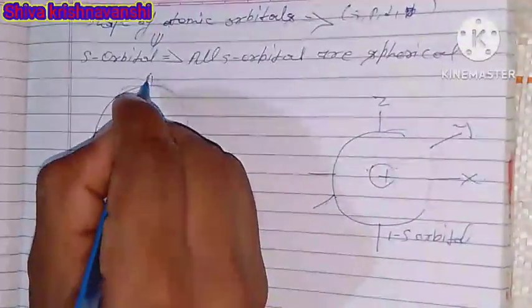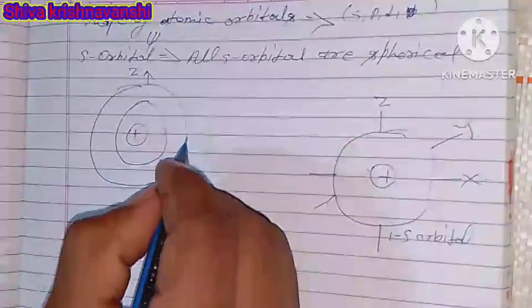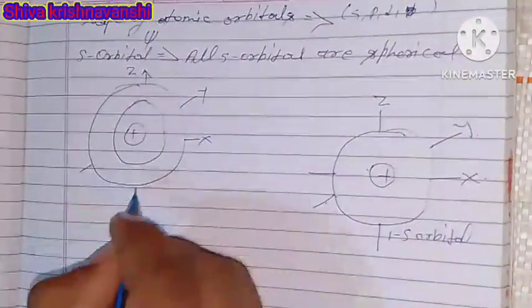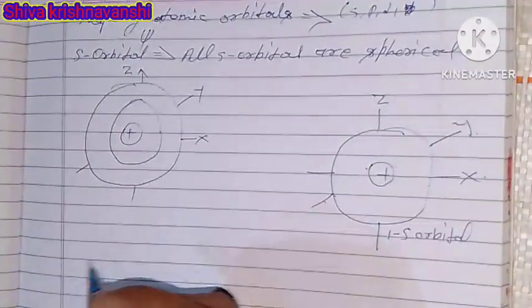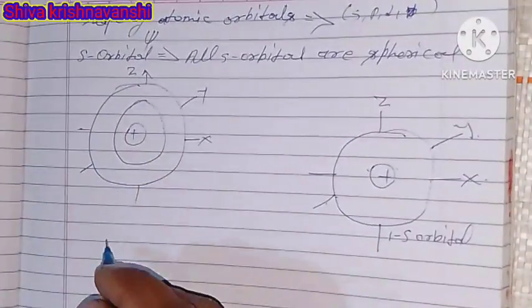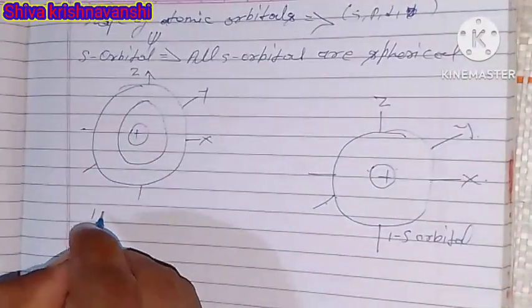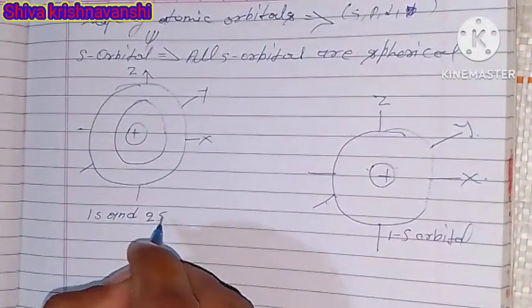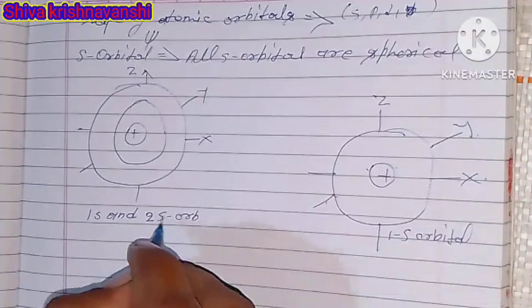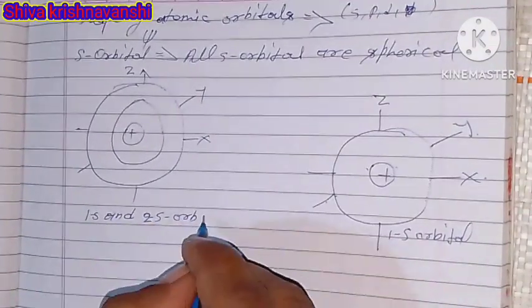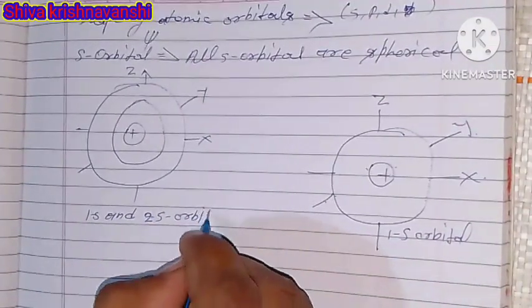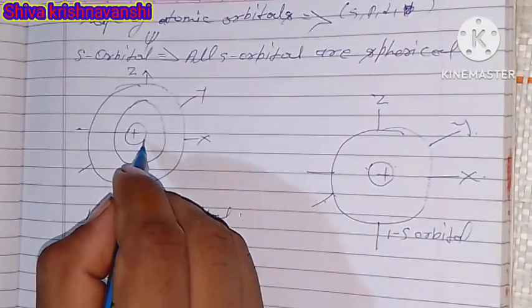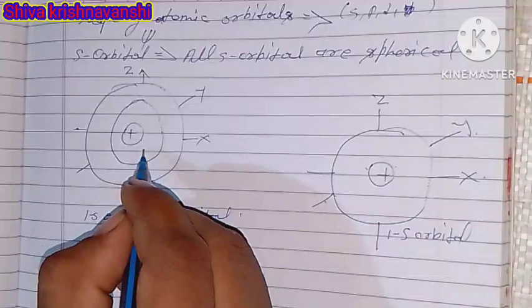This is the z-axis, the x-axis, and the y-axis. 1s and 2s orbital.